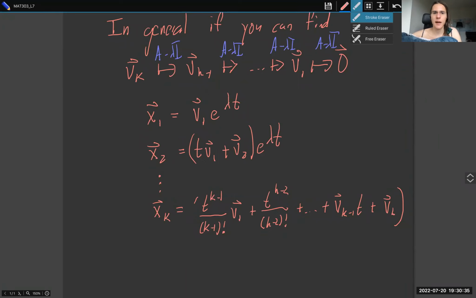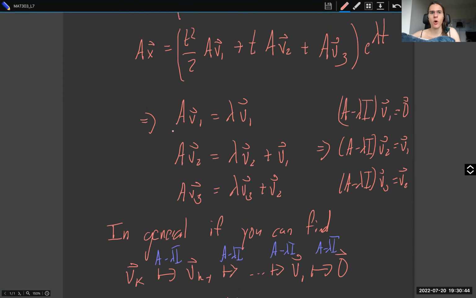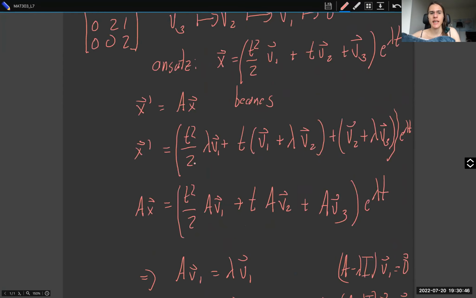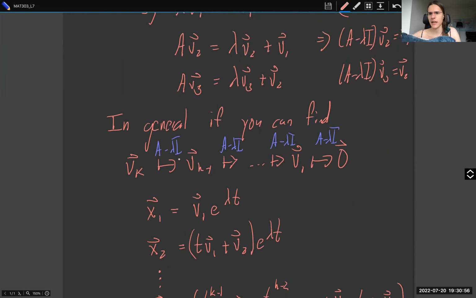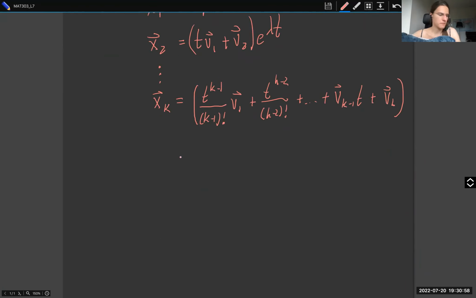So I'm going to do an example. In reality, we're not going to go beyond 4 solutions. So the biggest ansatz that we're going to use is the, I guess, t cubed over 6 ansatz. That gives me 4 solutions. I think I'm going to do one example today of a 4-dimensional system.